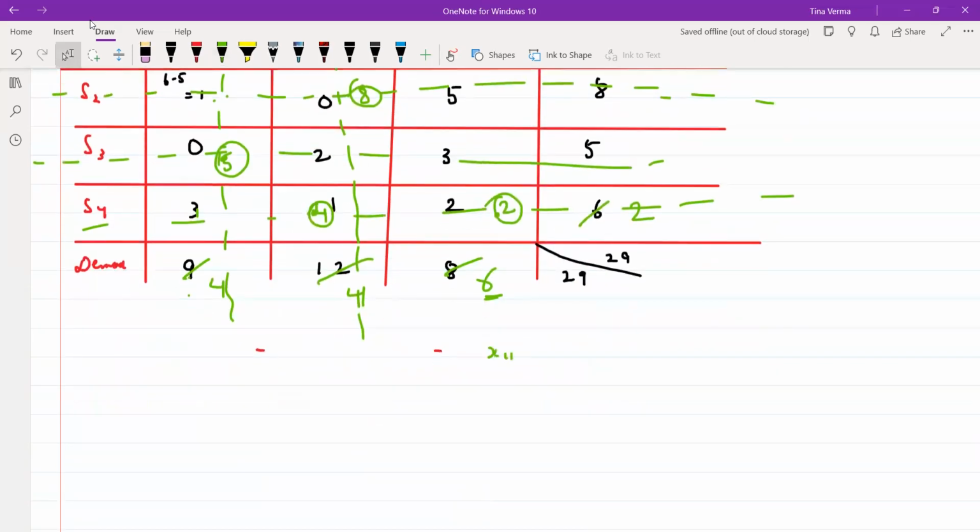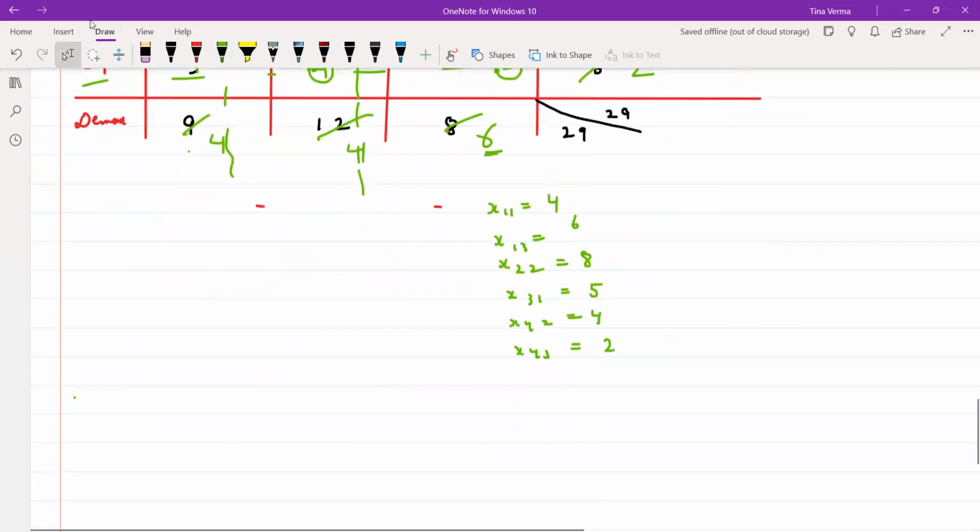So here you got your x1,1 as 4, x1,3 as 6, x2,2 as 8, x3,1 as 5, x4,2 as 4, and x4,3 as 2. Is it clear? Now if you want to find the maximum profit, you have to multiply the actual profit with these allocations.